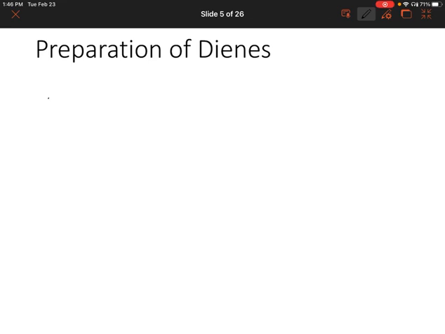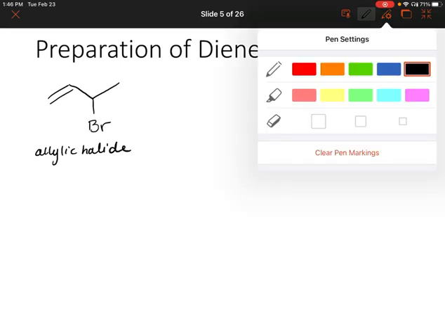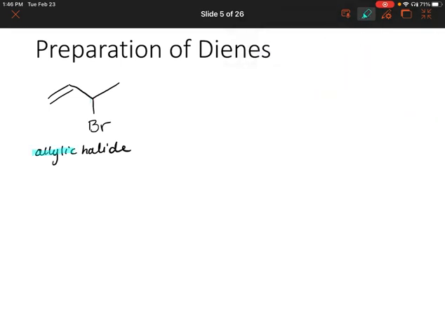An allylic halide would have a double bond and a halogen, and the halogen is in the allylic position. Remember, the allylic position is one carbon away from the double bond.